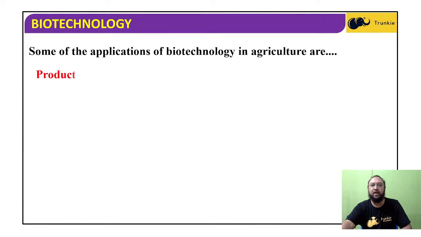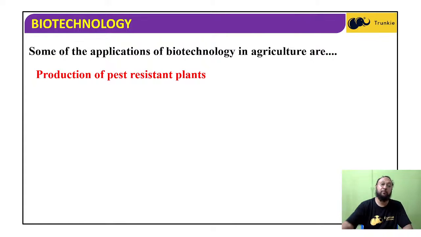Some of the applications of biotechnology in agriculture are the production of pest resistant plants, which is very important. Using pesticide is harmful for the environment and ecosystem, and even for the plant to some extent, because though it kills the pest, it reaches down with the rainwater into the soil, which is harmful for the ecosystem.